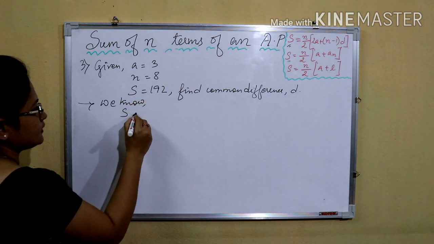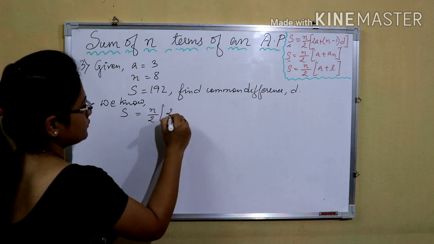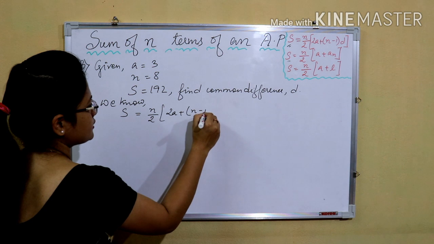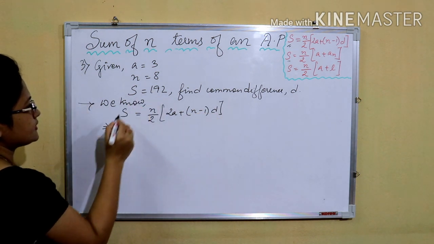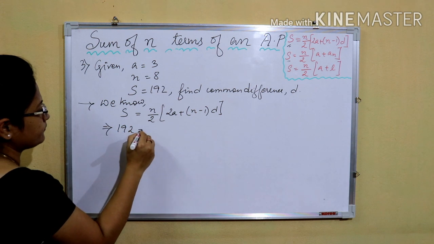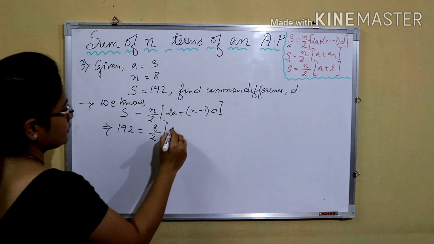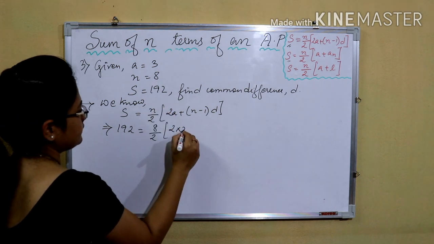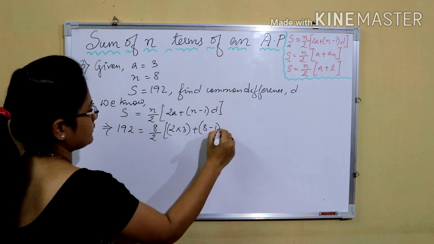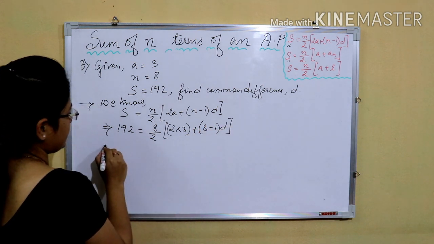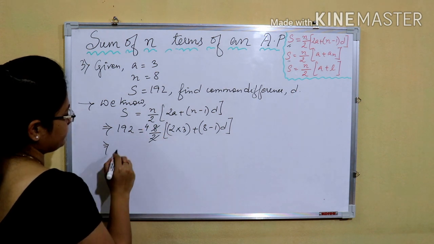So we know S is equal to N by 2 into 2a plus n minus 1 d. As it is given as 192 and 8 by 2, 2 into 3, and 8 minus 1 d we are asked to find out. 2 and 8 we can cancel, 2 4s are 8.